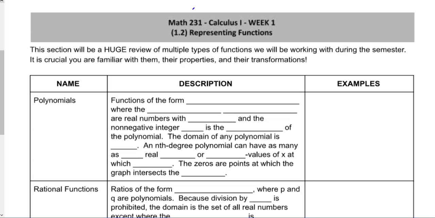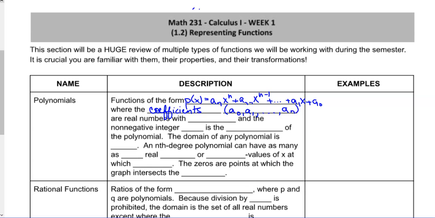And polynomials basically are those of the form p of x is equal to a sub n x to the n plus a sub n minus 1 times x to the n minus 1 plus, and it keeps going until you end up getting a sub 1 x plus what we say a naught, which is the constant there, and where each one of those numbers in front are what we refer to as the coefficients, a naught, a1, all the way up to a sub n.